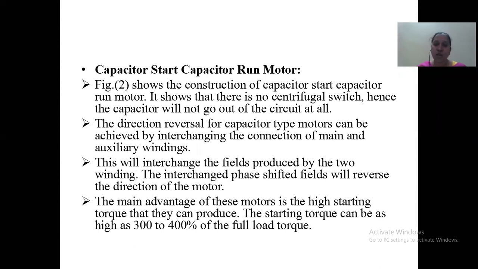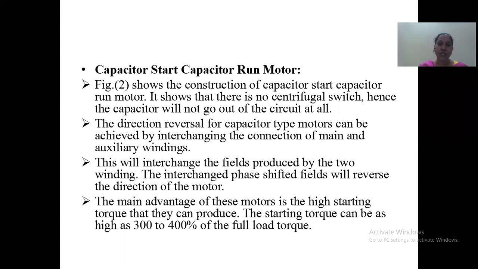Now coming to the direction reversal, how can the direction of the rotation of the motor be reversed? That we have to study here also. That can be achieved by interchanging the connection of the main and the auxiliary windings. So this will interchange the fields produced by the two windings. The interchanged phase shifted fields will reverse the direction of the motors.